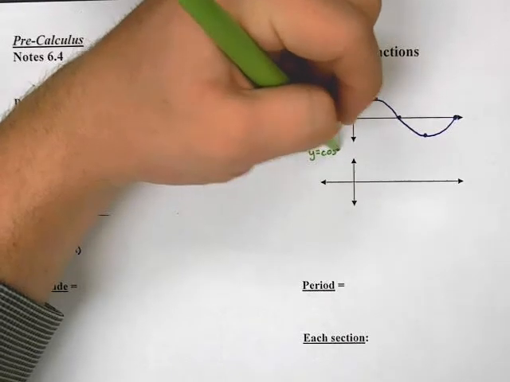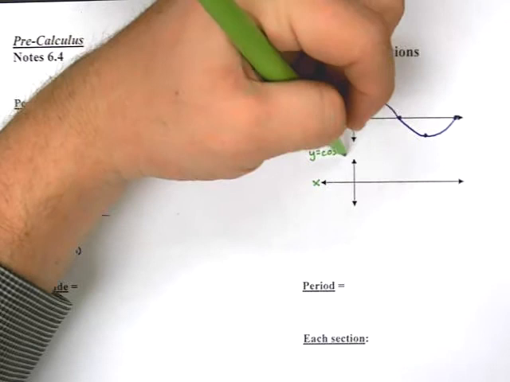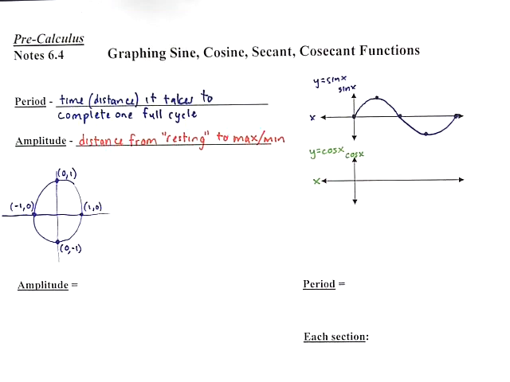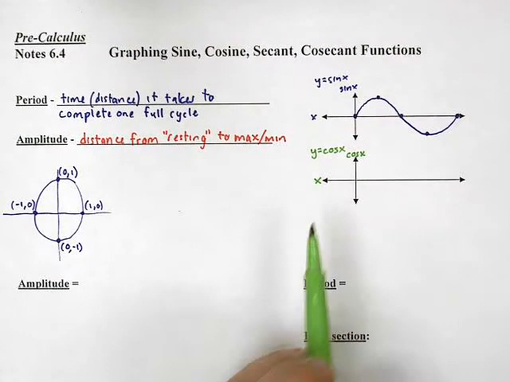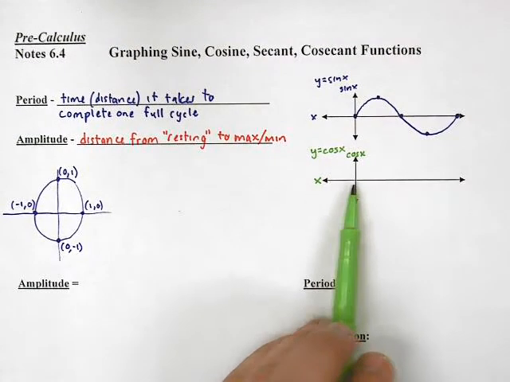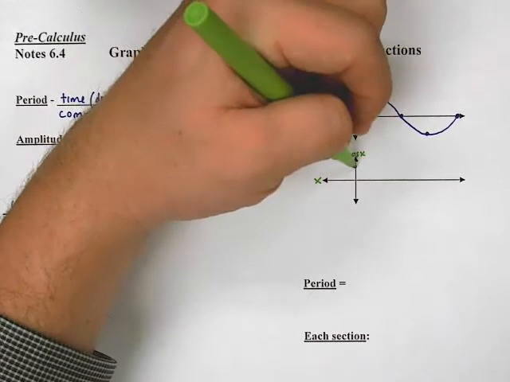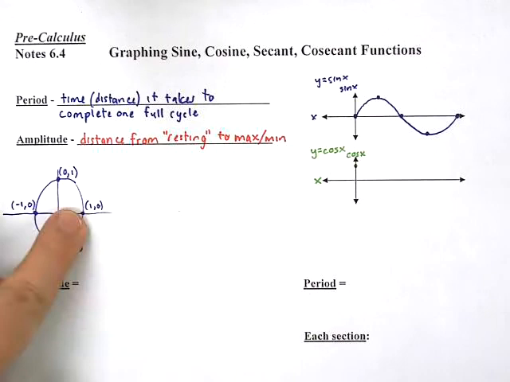Cosine's a little different. I'm still going to do this, and so now my y-axis is cosine x. So let's think about this here. When I plug in an angle of 0, well, my cosine is already at a maximum. It's already 1. So now I'm not starting at the center. I'm starting at its max. And then what happens?